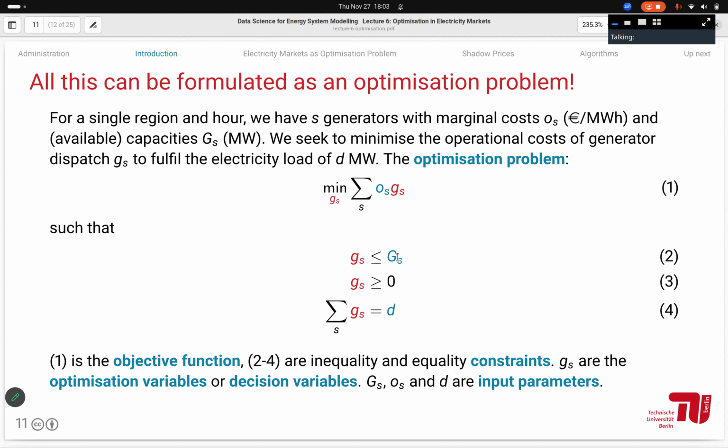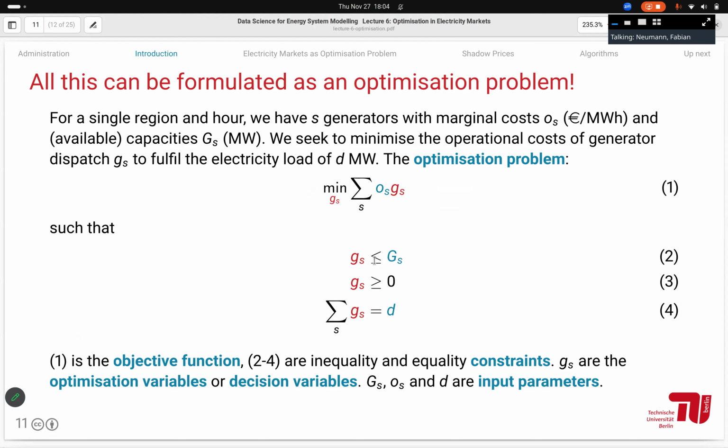And we have one so-called objective, to minimize the sum of generation costs, subject to some so-called constraints, which can be inequality or equality constraints. An example for the equality constraint would be that the sum of our generation has to match exactly the demand.